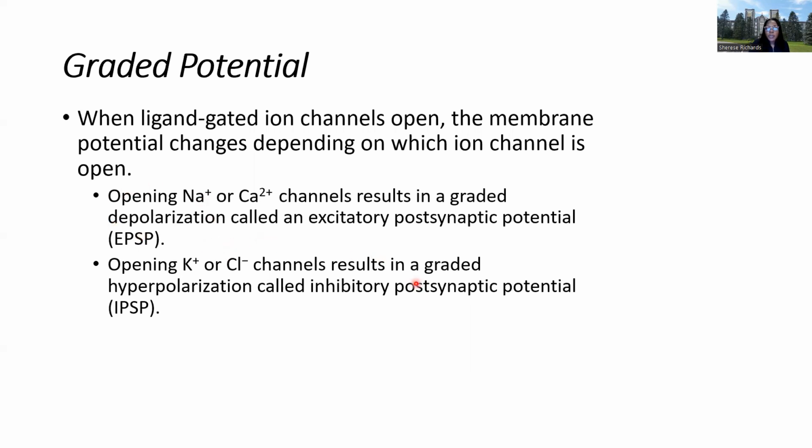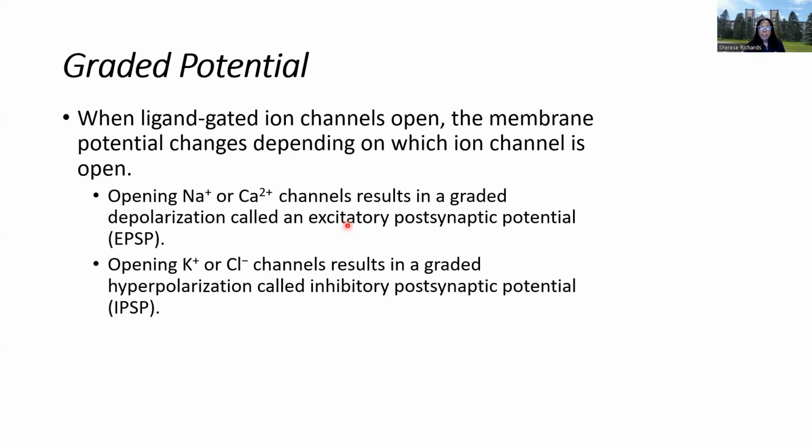That is also referred to as an excitatory postsynaptic potential. So whenever we have the neurotransmitter resulting in a depolarization on the postsynaptic neuron or cell, that is referred to as an excitatory postsynaptic potential. And that is specifically brought about whenever sodium channels open up or whenever calcium channels open up.